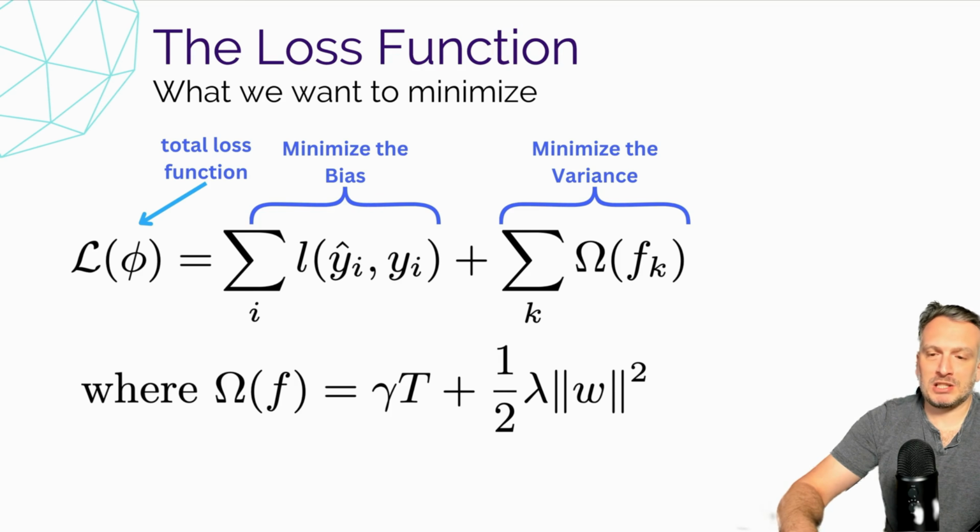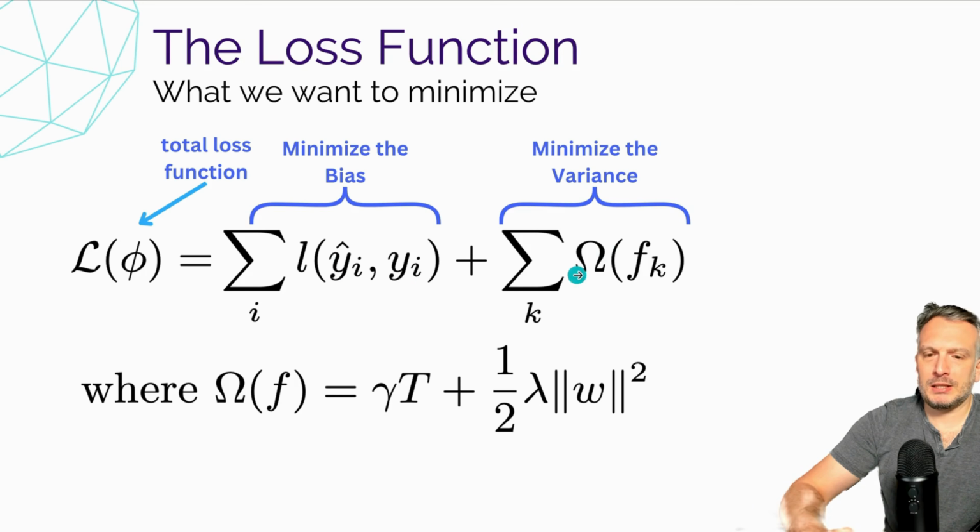And we're going to have some hyperparameters that will help us put more or less weight on the different terms in this loss function. So the first term here is meant to minimize the errors that we are making between the predictions, y hat, and the target, y. So y hat is the predictions, and y is the actual target in the training data.